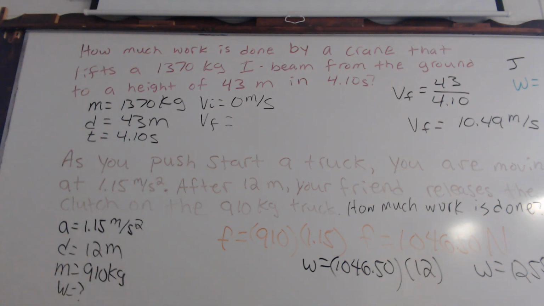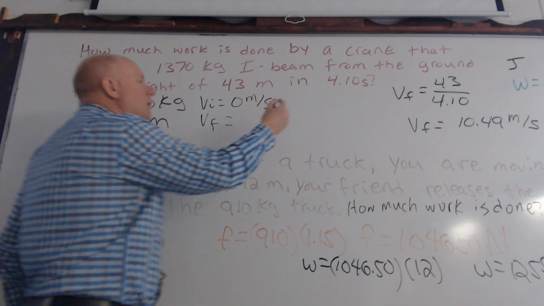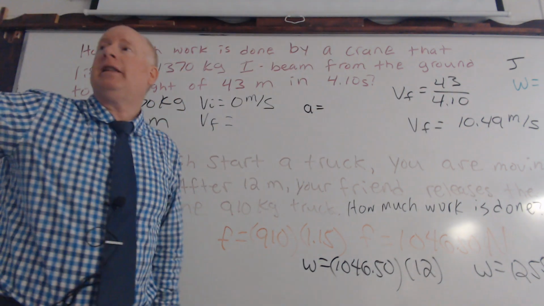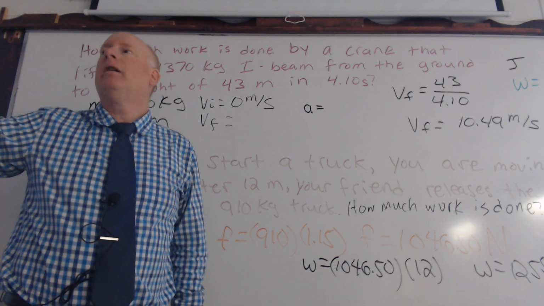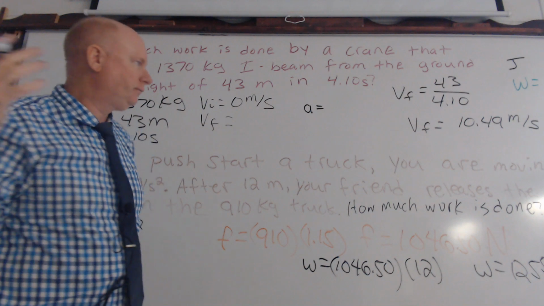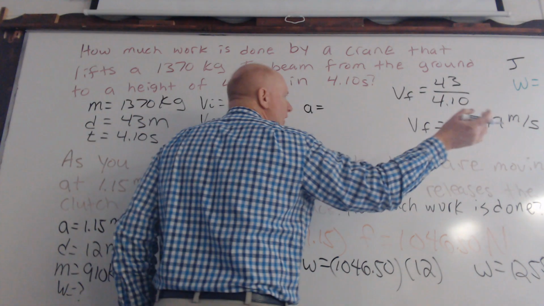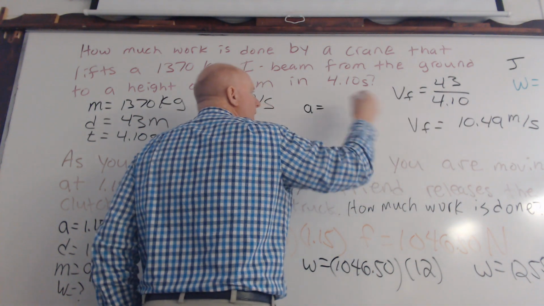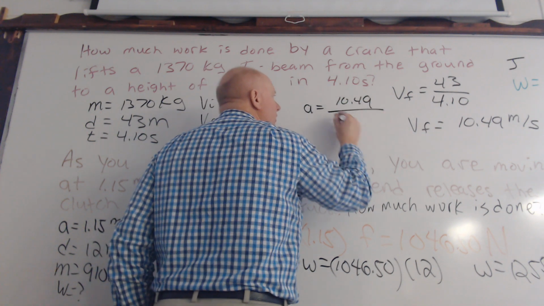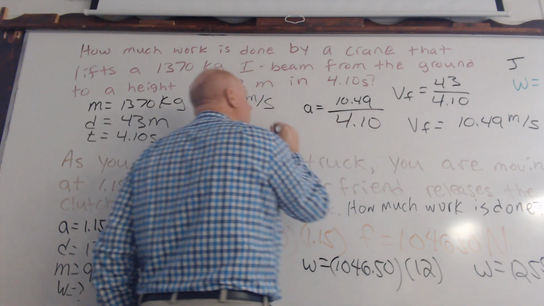You're going to do your final velocity subtract your initial, and then divide that by your time as well. So acceleration. Okay, did everyone catch that? How do we calculate acceleration? Final velocity minus initial velocity, divided by time. And since we got 0 here, that's not going to make any difference. 10.49, because if we subtract 0, it just gives you the same number.